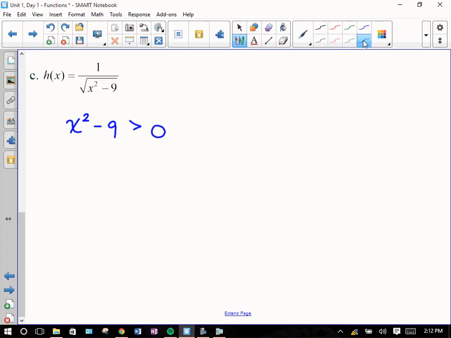So, how do we solve this? Well, we're going to add 9 to both sides. Okay, x squared is greater than 9. Now, you guys ready? Good. This is a little tricky. What's the next step there?